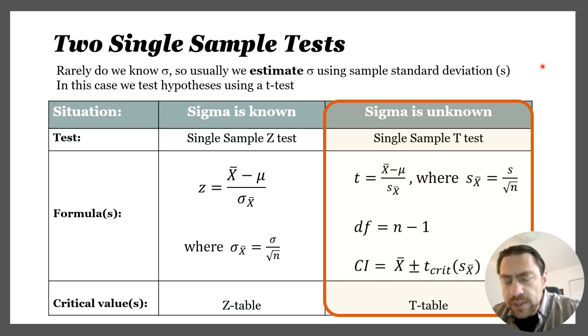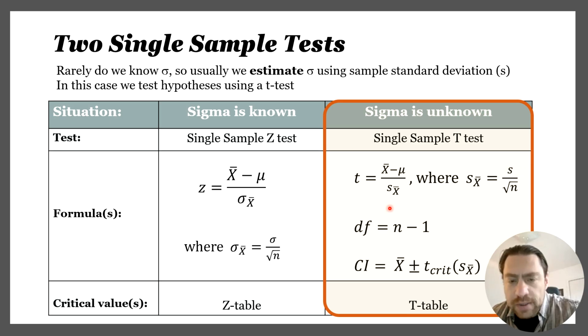In the single sample t-test, we are going to estimate sigma by using S, which is the sample standard deviation. So again, we're estimating sigma, the population standard deviation, by using the standard deviation of our sample.